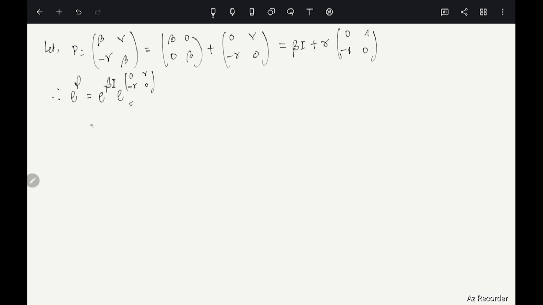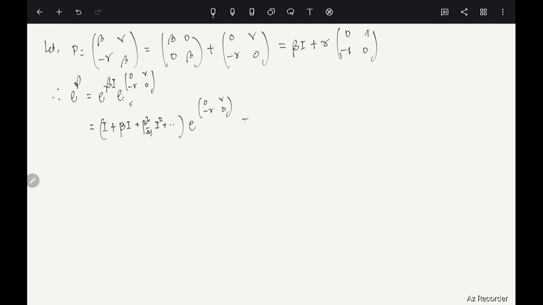It is identity plus beta times I plus beta squared by 2 factorial times I squared, and it goes on like this, times e to the power of 0 gamma, minus gamma 0.